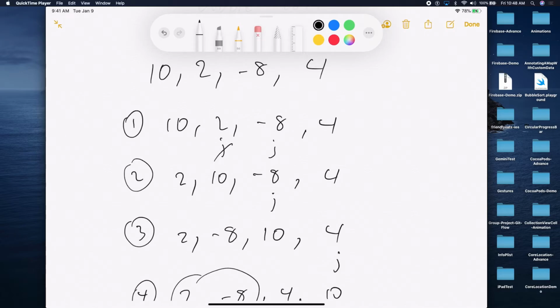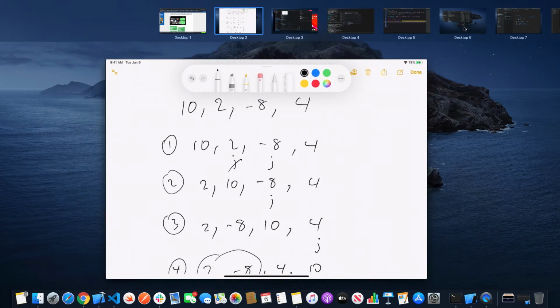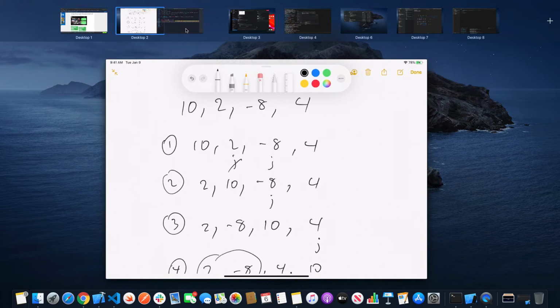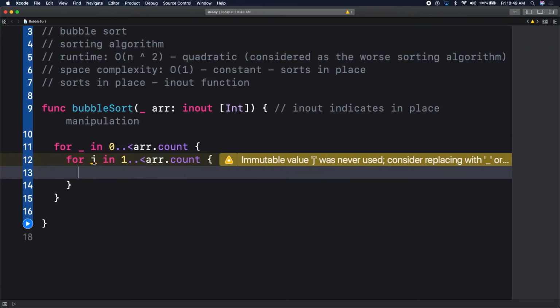Everybody with me? 10 does not have a previous value. So I'm not comparing 10 with no previous value here. If I'm looking at number 1, I'm moving out to position 1, then I could compare 2 with 10. So that's why we start off with 1 here in our algorithm. Let me just put this right by that guy. Cool? So this is why we have 1 here. So every time I go back and check, I'm starting from 1. Everybody with me? Okay.